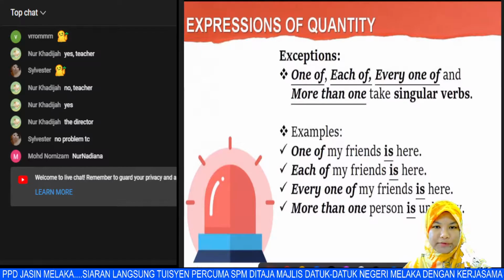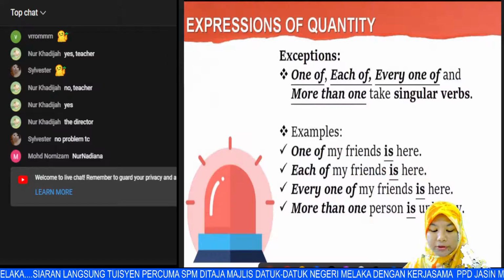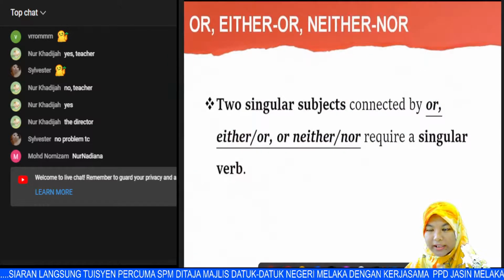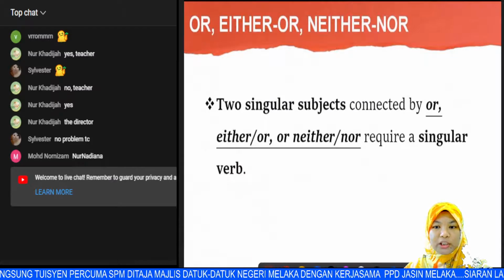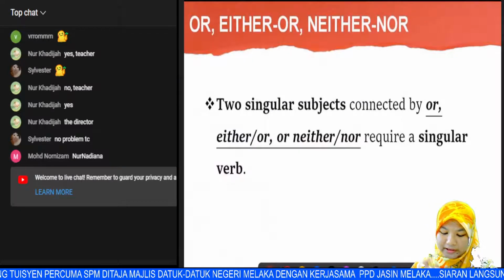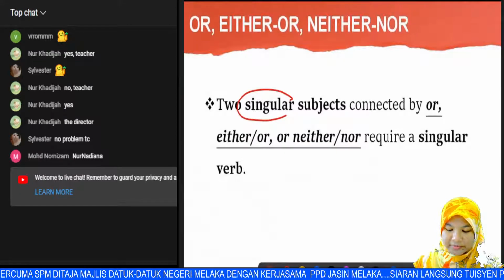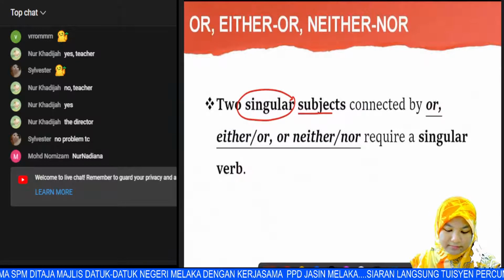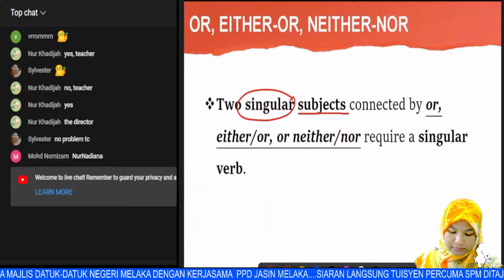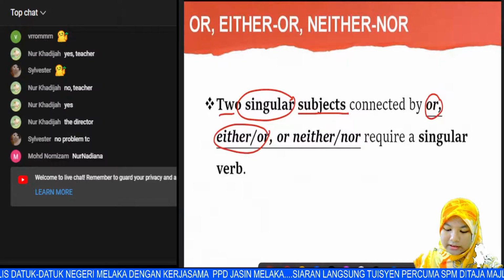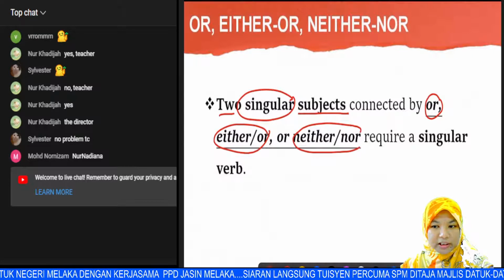The first rule of subject-verb agreement using or, either or, neither nor: two singular subjects connected by or, either or, neither nor require a singular verb.